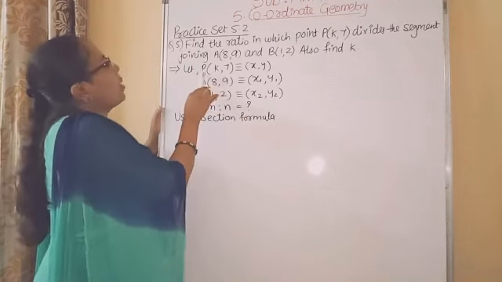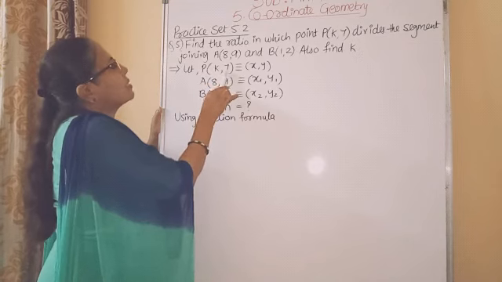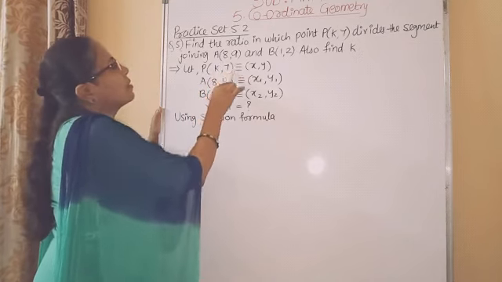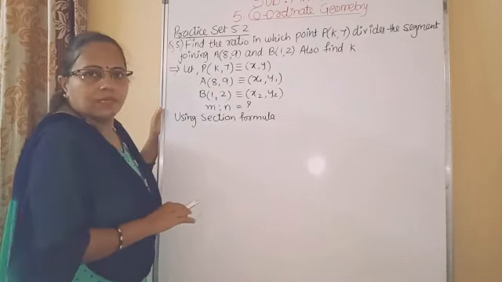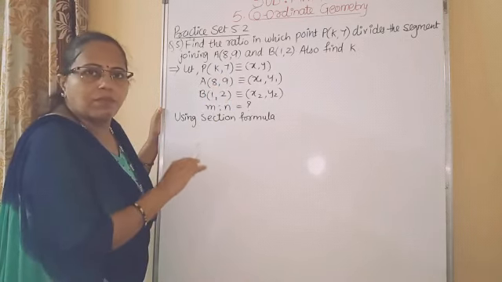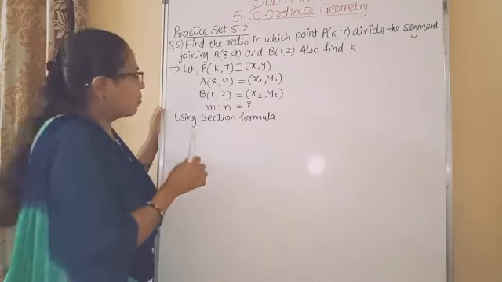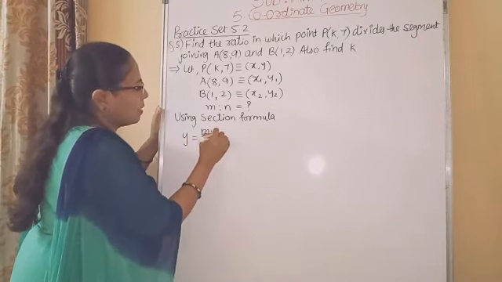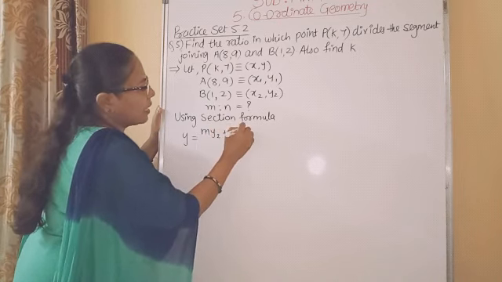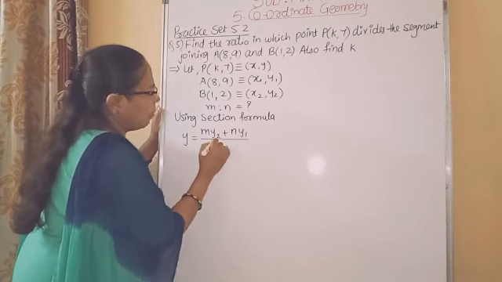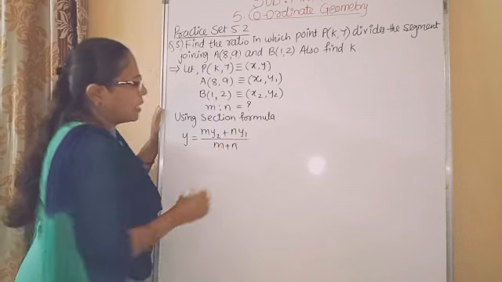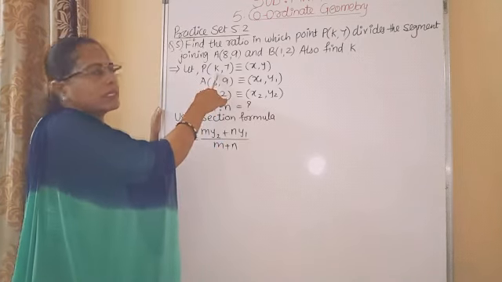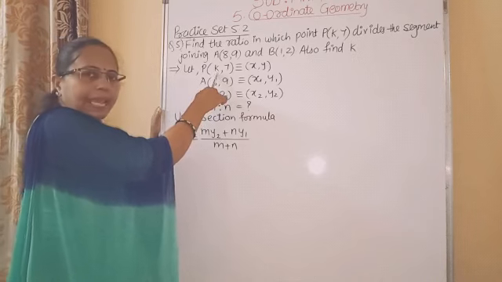Now see, the point P divides (k, 7). Now for this point, which coordinate is given? Y coordinate is given. So first we will use the formula for the y coordinate. So y is equal to (m y2 plus n y1) upon (m plus n). Followed? Because the x coordinate we don't know, it is given in the form of letter k.